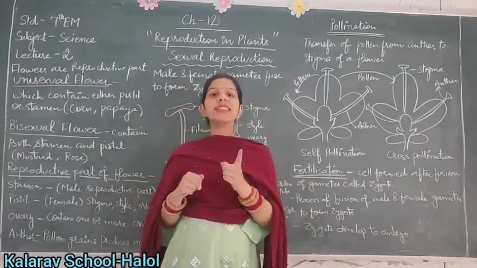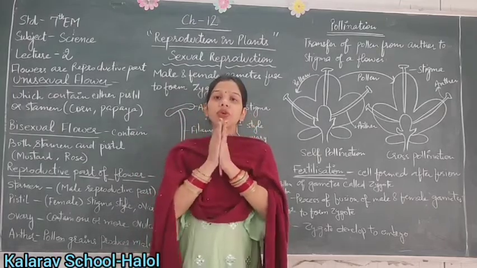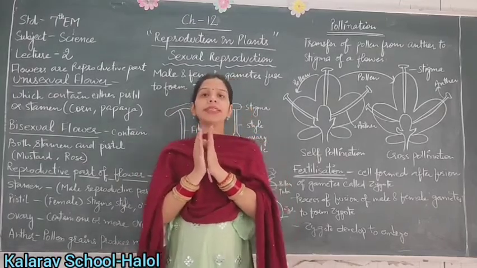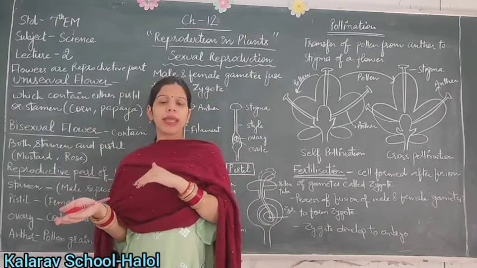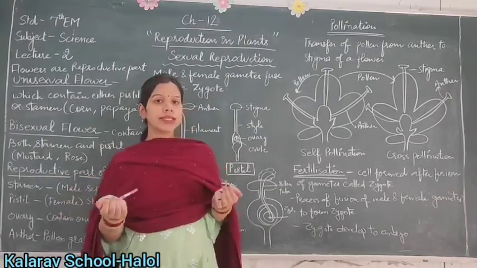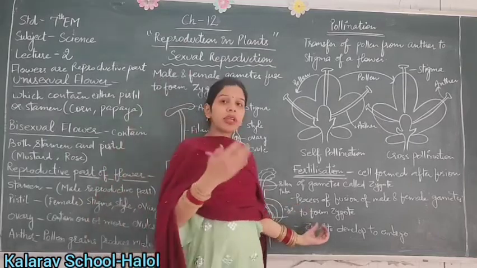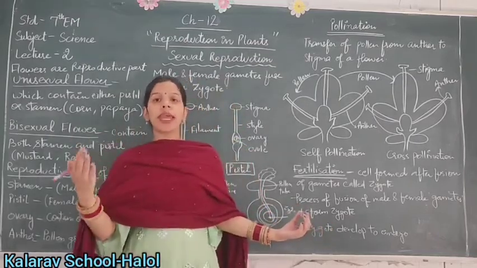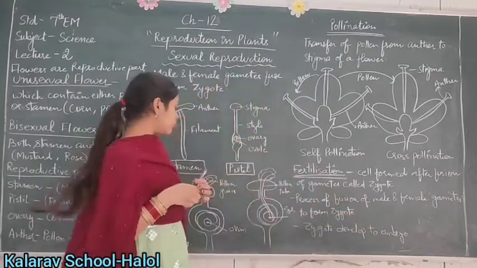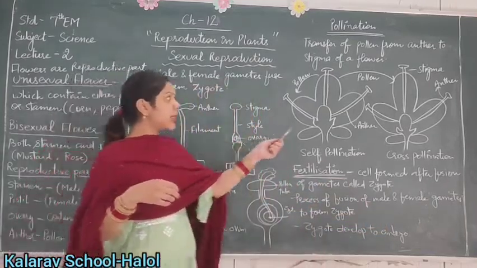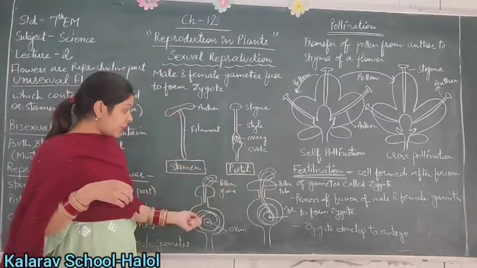After a number of steps, the zygote develops into an embryo. As you see here, this is the pistil part.